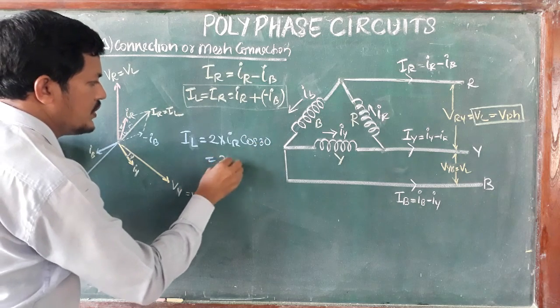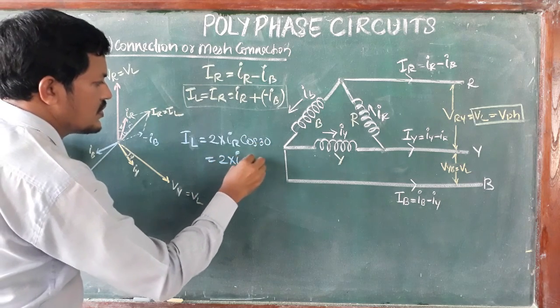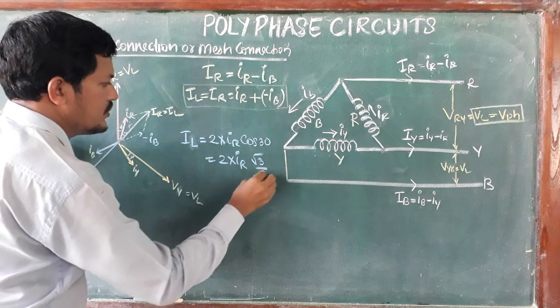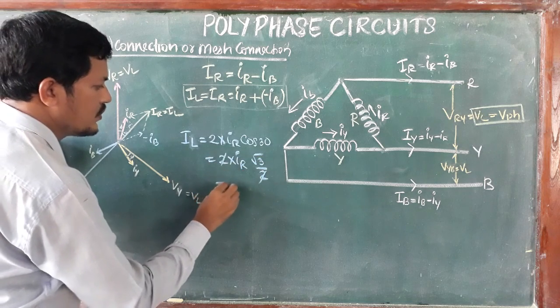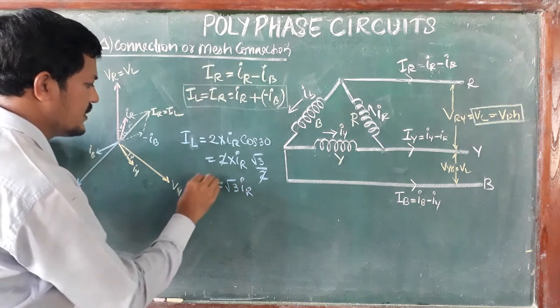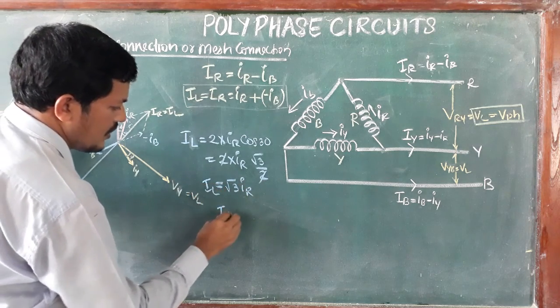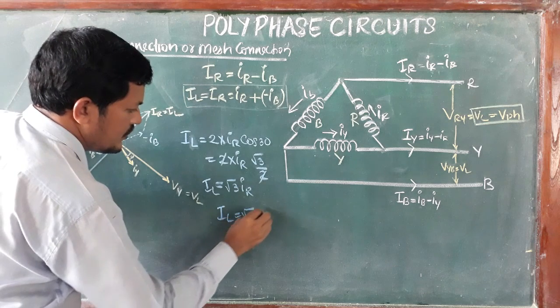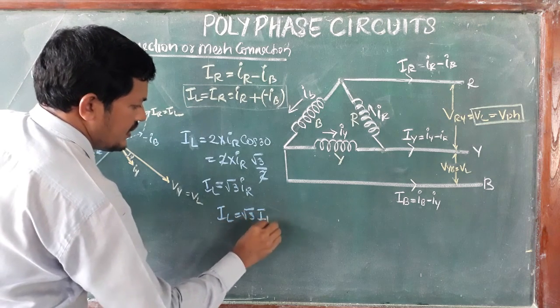Here 2 into cos 30 is root 3 by 2 times 2. So 2 cancels, remaining root 3 IR. Here IR means phase current. So IL equal to root 3 into phase current, I phase.